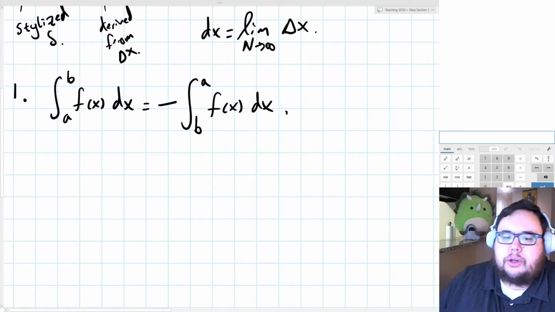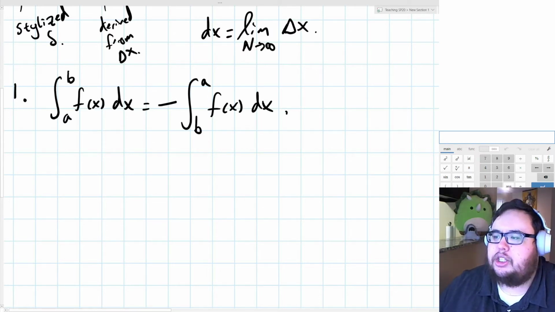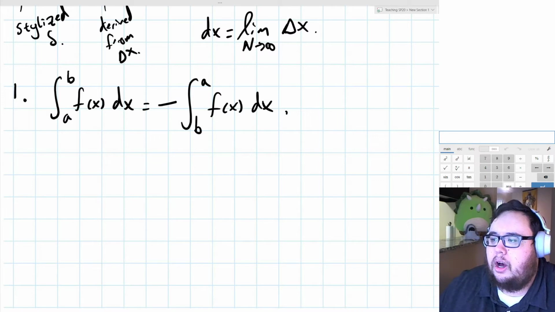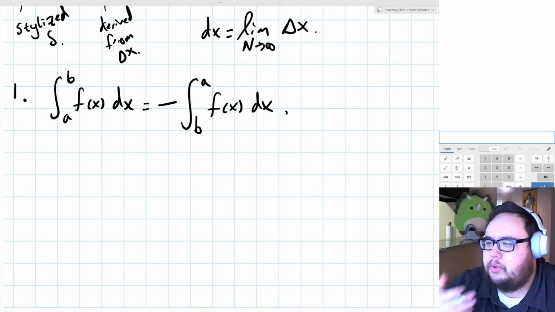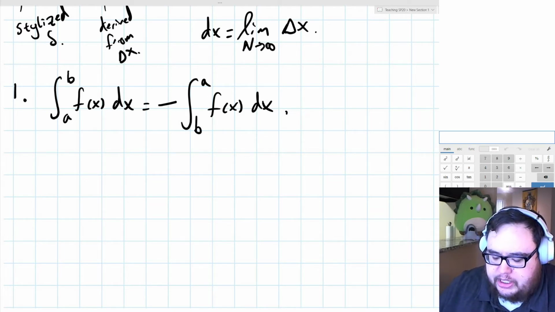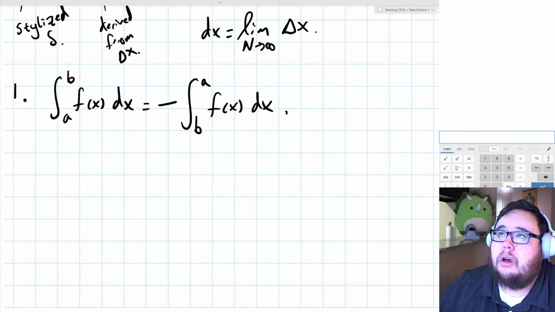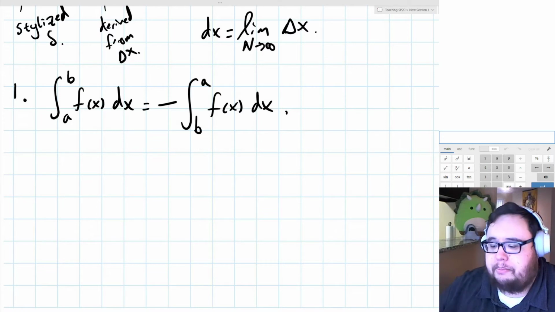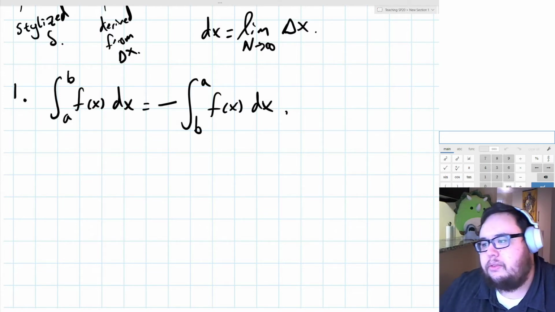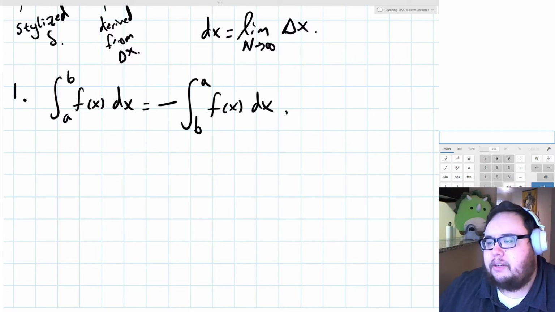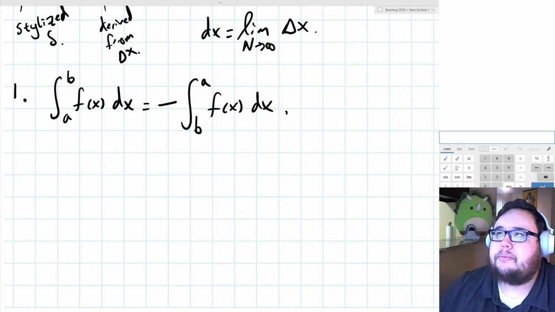The intuitive sense behind an integral should make sense when the bounds are the correct way around. Generally, a is smaller than b, a is the lower bound, b is the upper bound. If we reverse the bounds, we end up flipping the sign on the whole thing. Basically, if we integrate backwards rather than forwards, we end up with a negative number instead of a positive number.